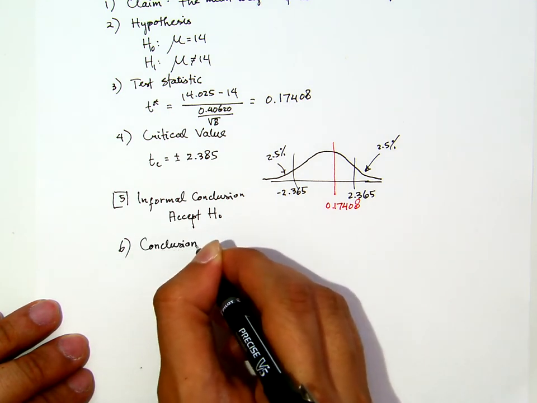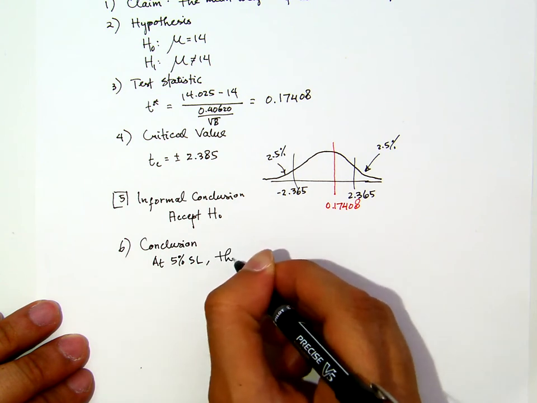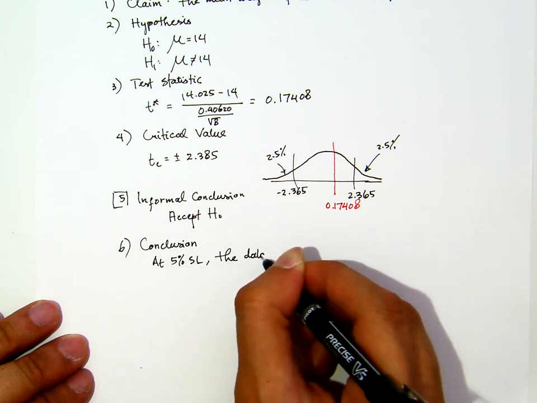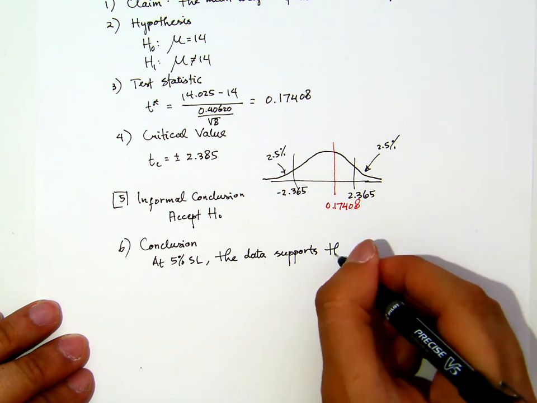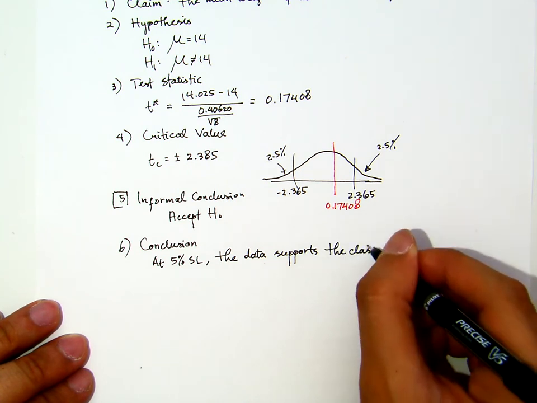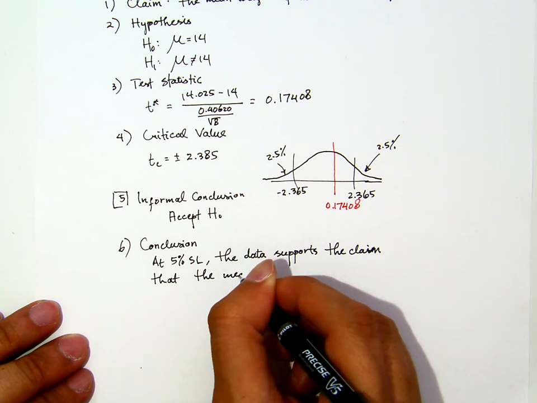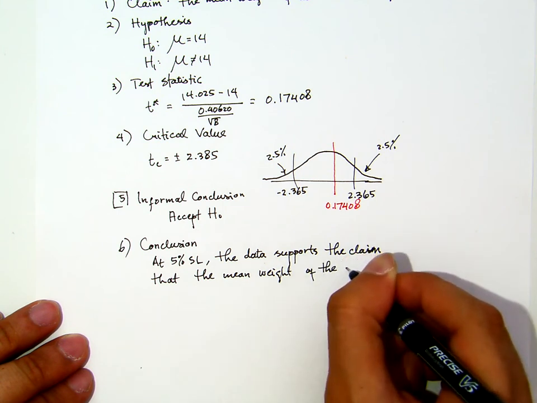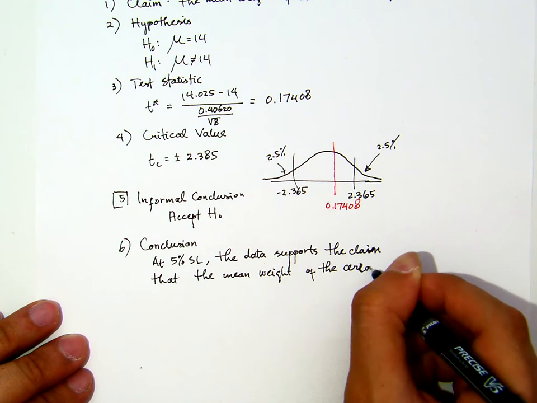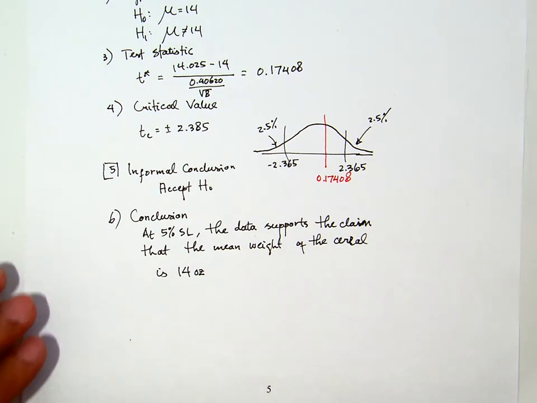We say that at 5% significance level, the data supports the claim that the mean weight of the cereal is 14 ounces.